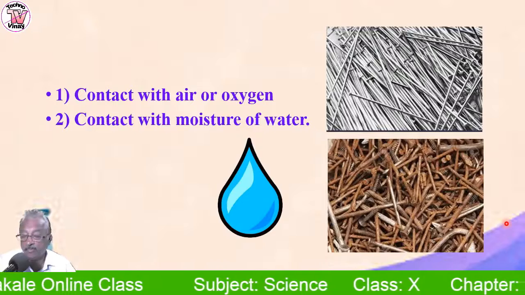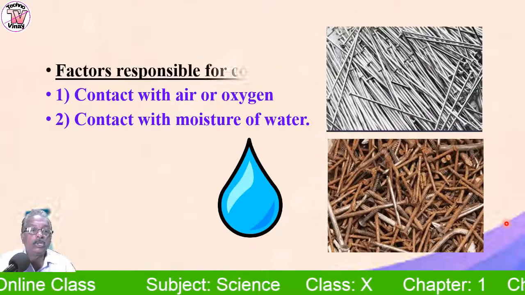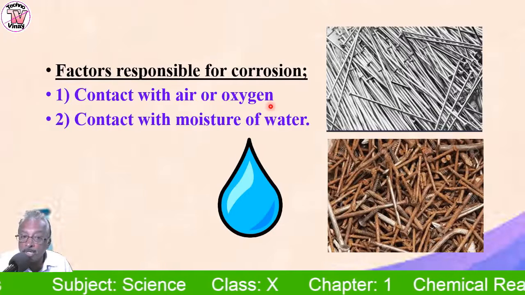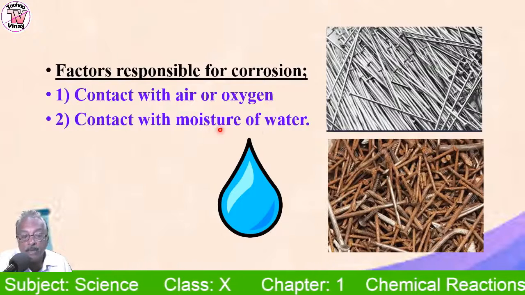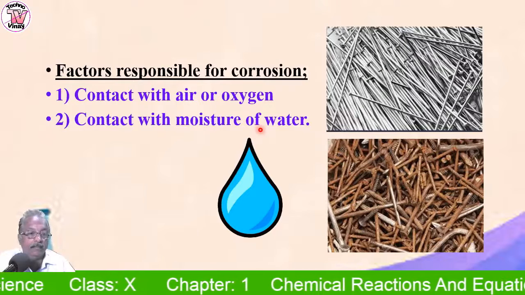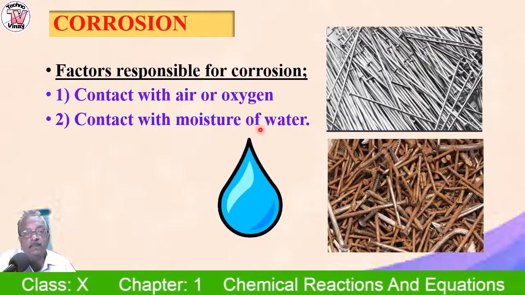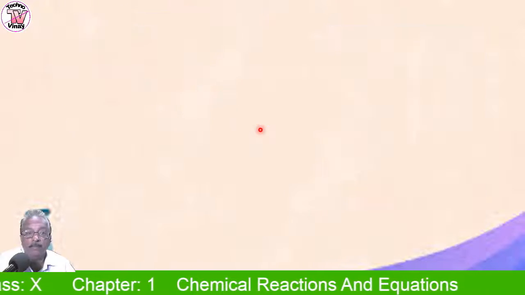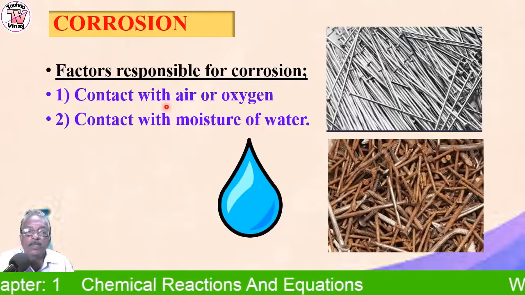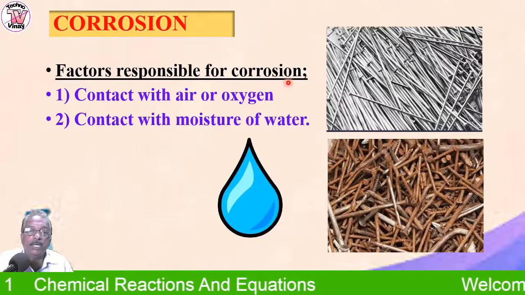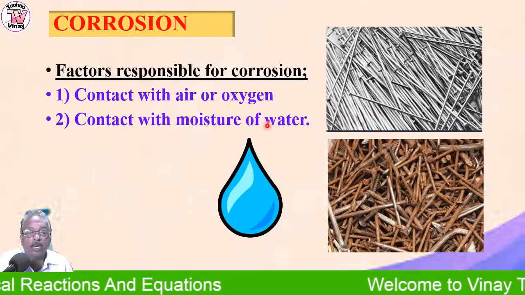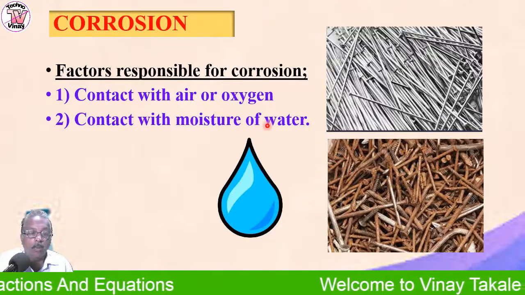A brownish layer has been formed. Followed? So here the factors responsible for corrosion are air or oxygen, and second, contact with moisture or water. So this process is known as corrosion. Followed? So what are the factors responsible for corrosion? Contact with air or oxygen, and contact with moisture or water.